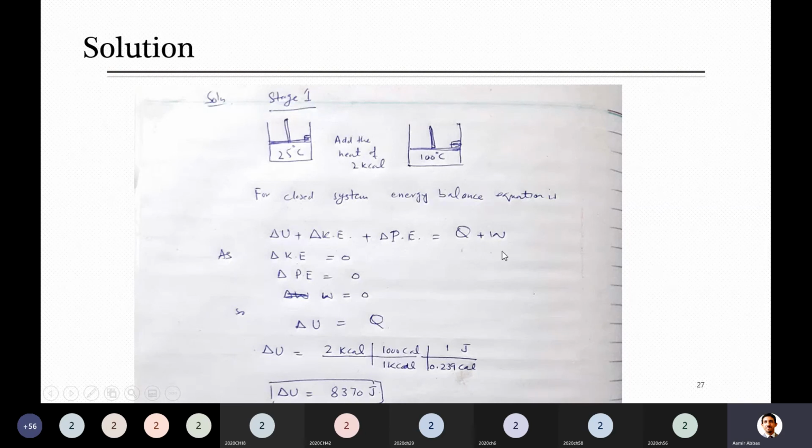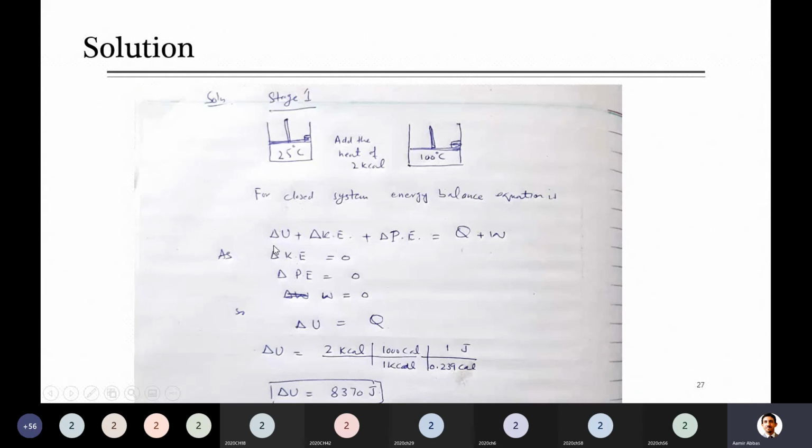Now what is changing is the amount of heat getting in; Q is entering, because heat of 2 kilocalories is entering the system. As well, there will be some change in internal energy. Although I told you that kinetic, potential and internal energy are related to the amount of material, and no material is getting in, so kinetic and potential energy did not change.